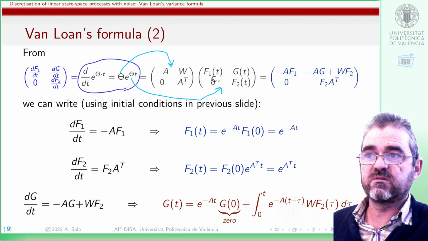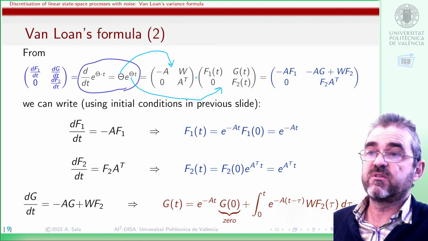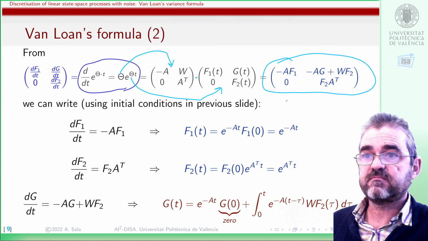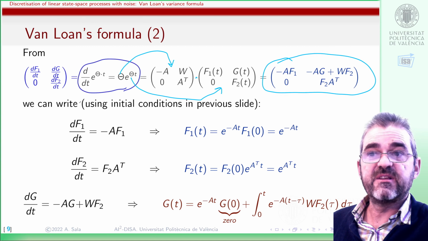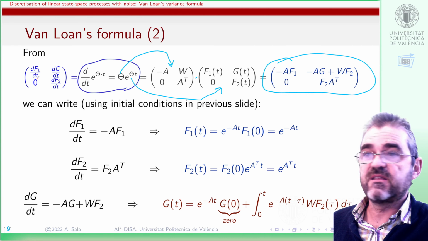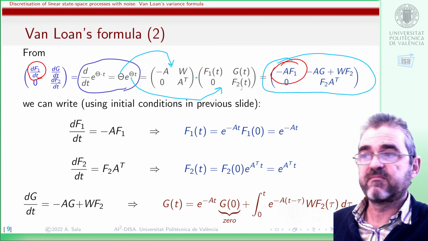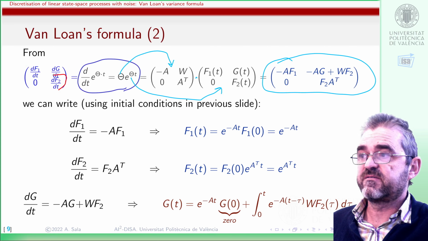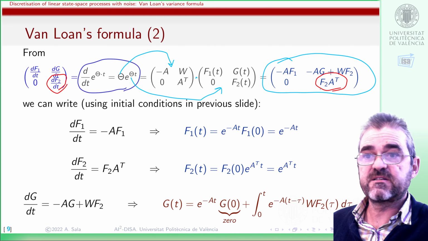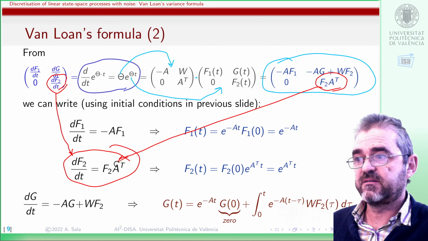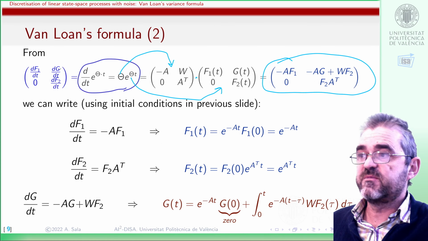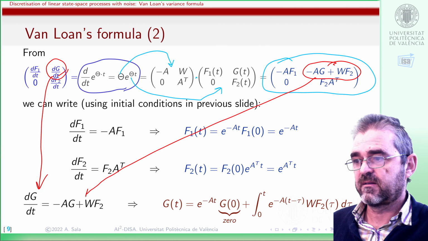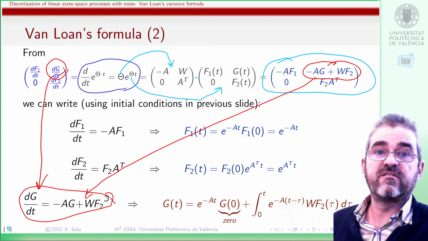We still don't know what we will have inside, but carrying out such a product, we'll get this thing. So if we go element by element, we can see that the time derivative of f1 is this thing. I will write it here. The time derivative of f2 is this thing. I copied it down here. And the time derivative of g is this thing. Again, I copy it down there for further use.